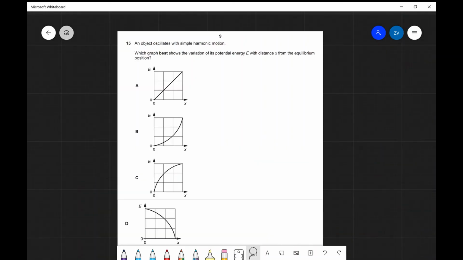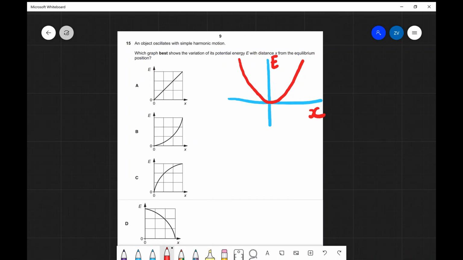Okay, for question number 15, an object oscillates with simple harmonic motion. Which graph best shows the variation of its potential energy with distance from the equilibrium? Now we know that the variation of potential energy with respect to the x-axis looks kind of like this. If I was to draw this, this over here is your potential energy and this over here is x.